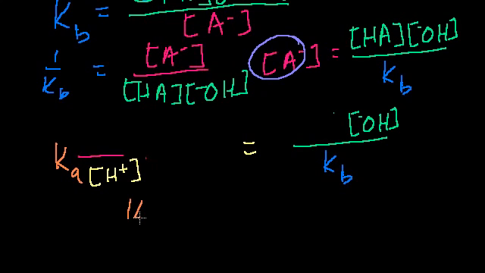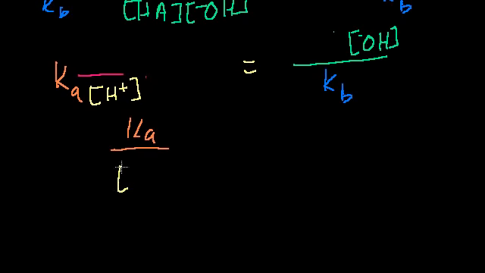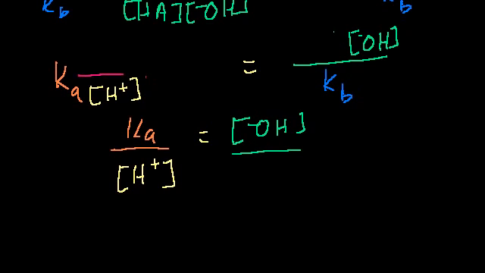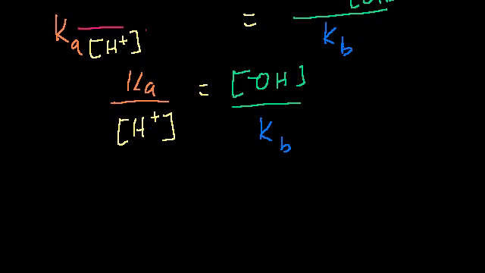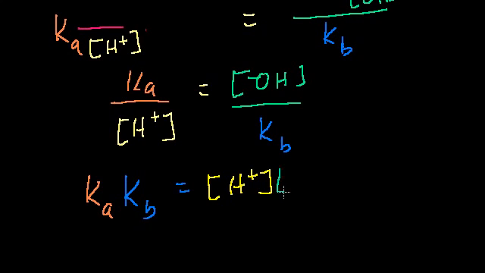And so we get Ka over our hydrogen proton concentration is equal to our hydroxide concentration divided by Kb. We can just cross multiply this. So we get Ka, our acidic equilibrium constant, times Kb is equal to our hydrogen concentration times our hydroxide concentration.